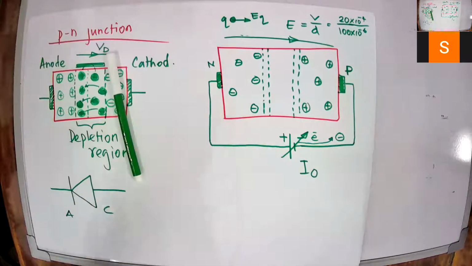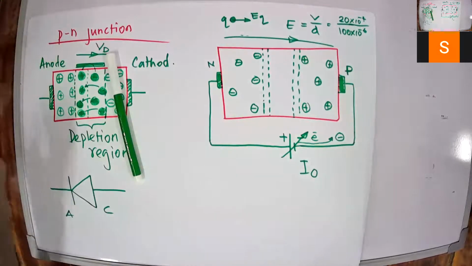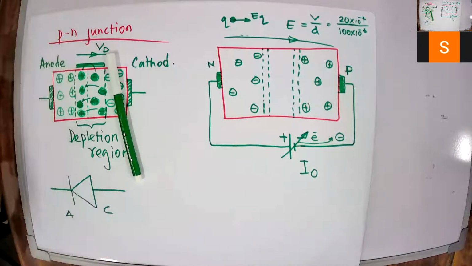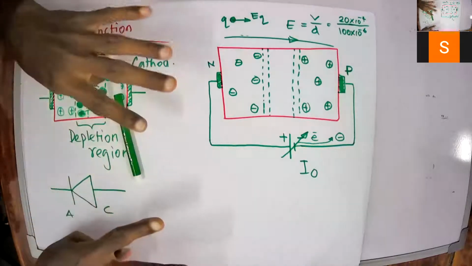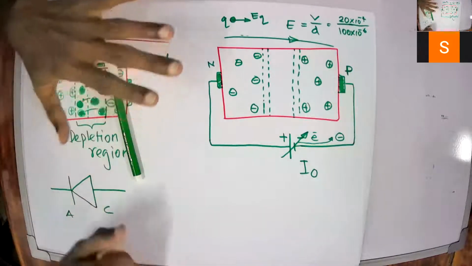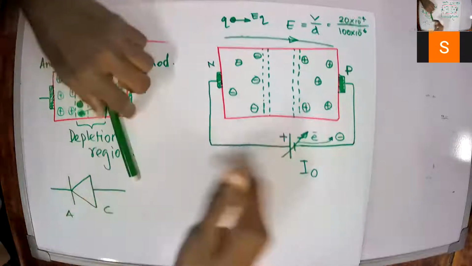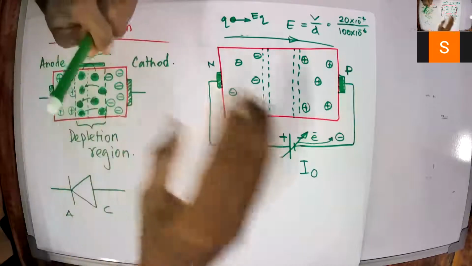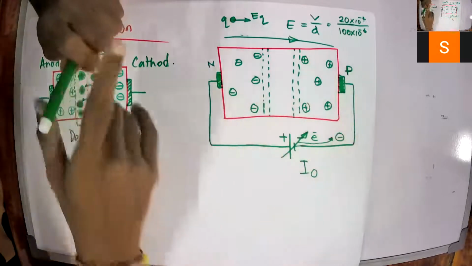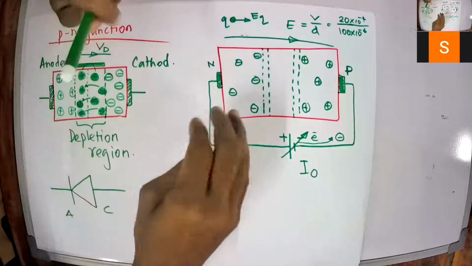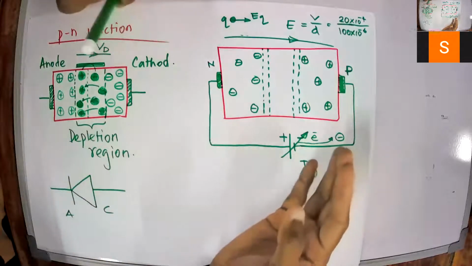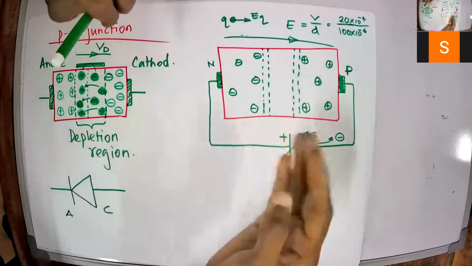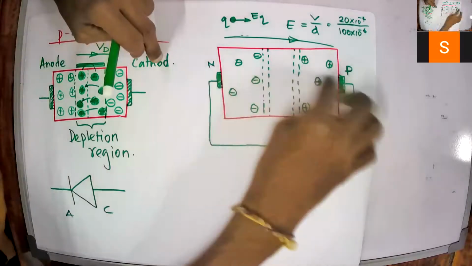Clear, right? Just assume 1 electron is pulled off from a bond, that will hit another, there will be 2, and those 2 will hit another 2, will be 4, and those 4 will hit another 4, will be 8. Like this, carriers will be multiplied, and then there is a sudden increment of charge, and a huge current will start flowing through the material.